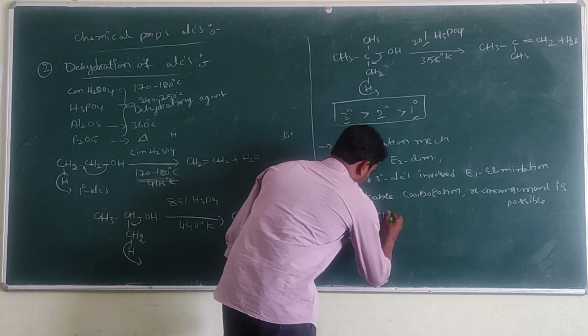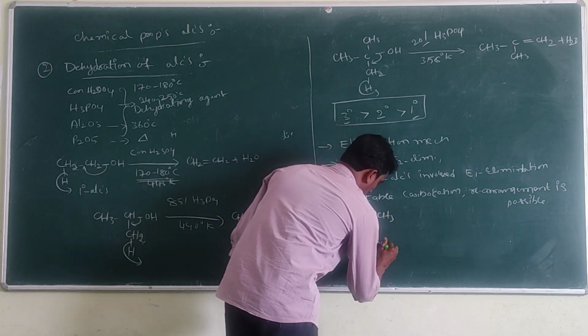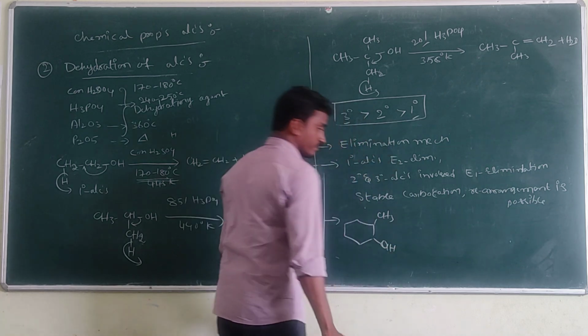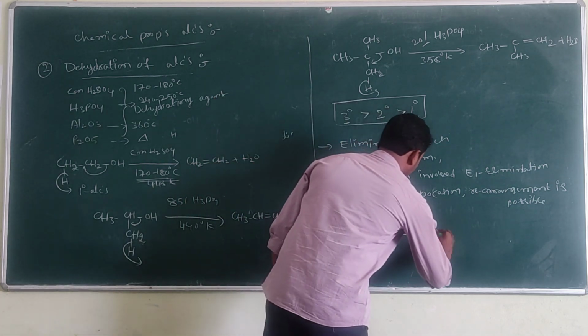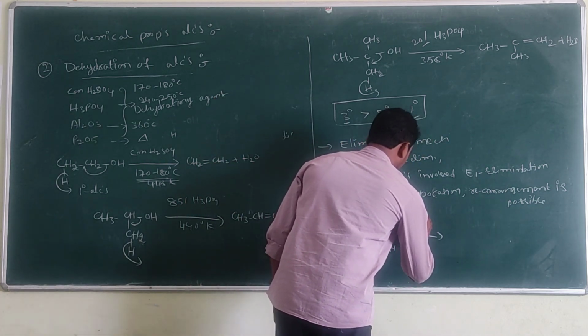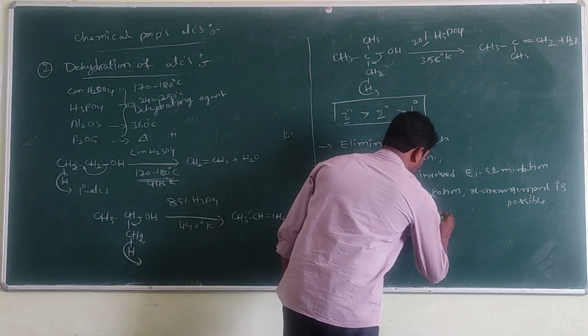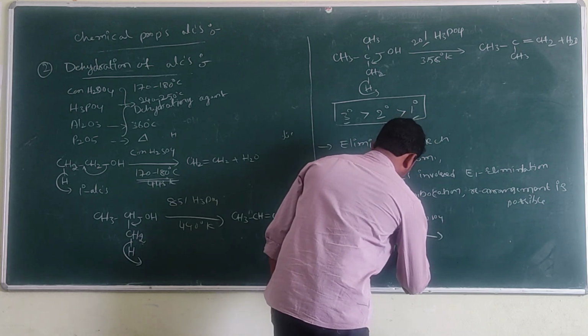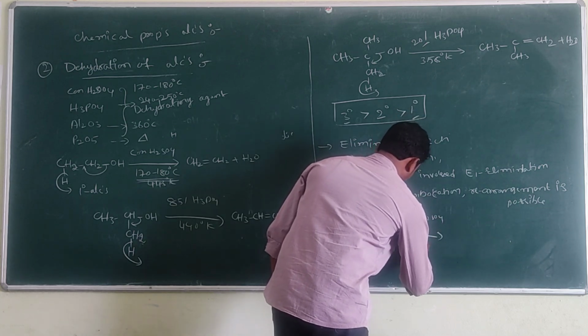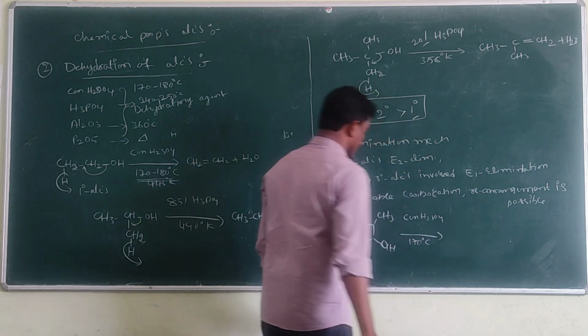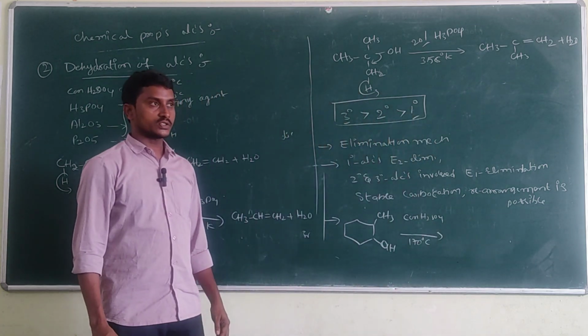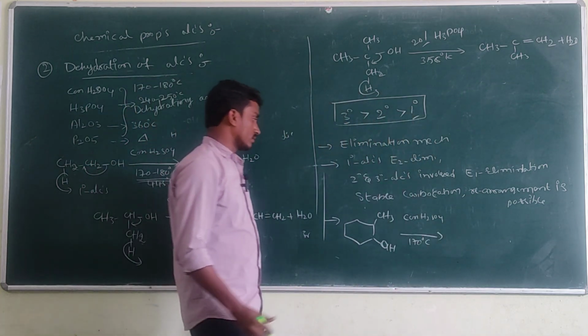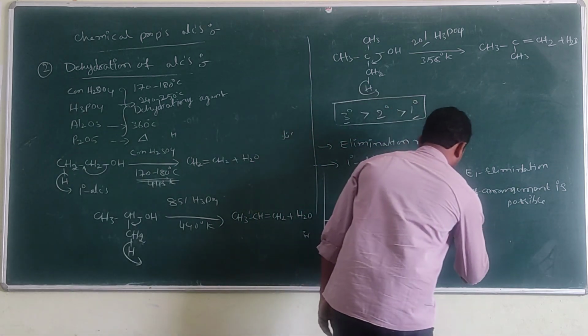Here, there is a possibility of formation of two products. For example, this is the OH group. Now, the dehydration reaction takes place in the presence of concentrated H2SO4 at 170 degrees centigrade. Two types of products are possible.